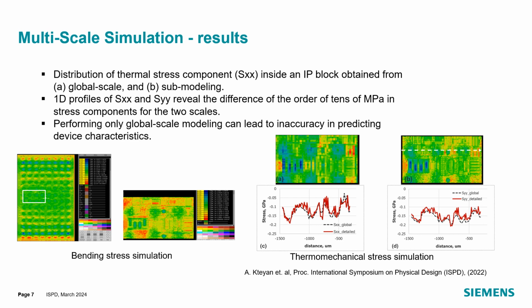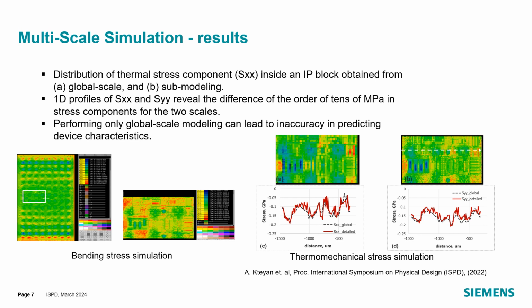These are some of the results that come from two-step multi-scale simulations. These left figures show the results of multi-scale stress simulations for obtaining bending-induced stresses. Global die scale results are shown, and the subsequent sub-modeling has been performed with final grid size on a selected IP block.